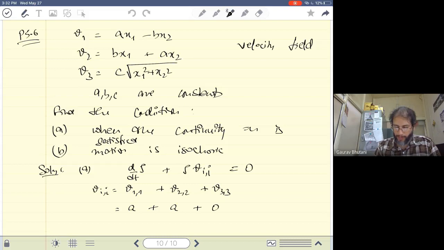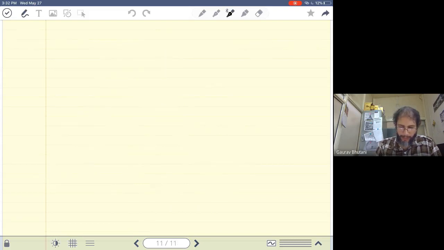So this simply becomes twice A. So the continuity equation simplifies to d by dt of rho plus twice A times rho equals 0. It's a simple first order ODE that you can solve easily.